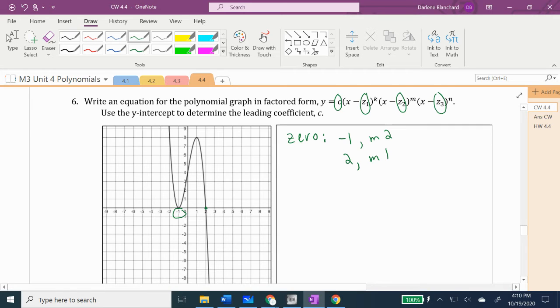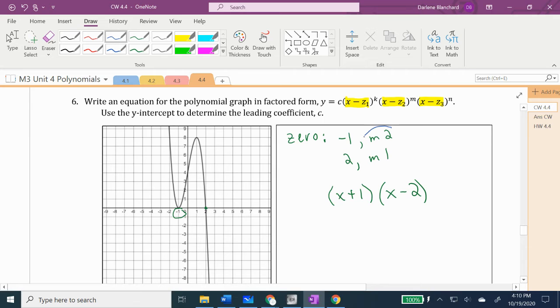Based on those two zeros, that means that I have the factors x minus -1 and x minus 2. It's always x minus the 0 is what this up here is saying. X minus a 0. Then I need to look at the multiplicity.